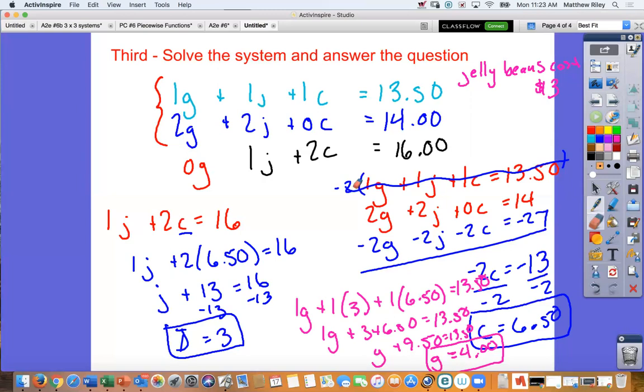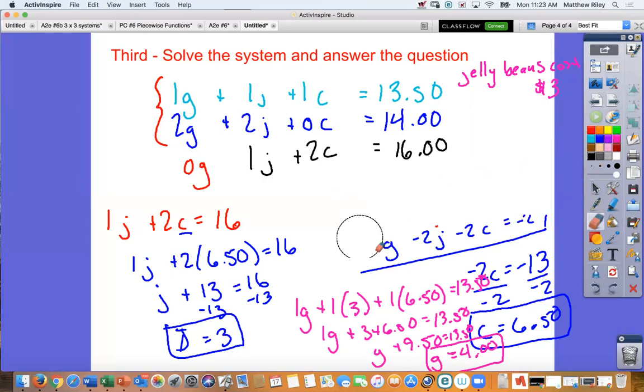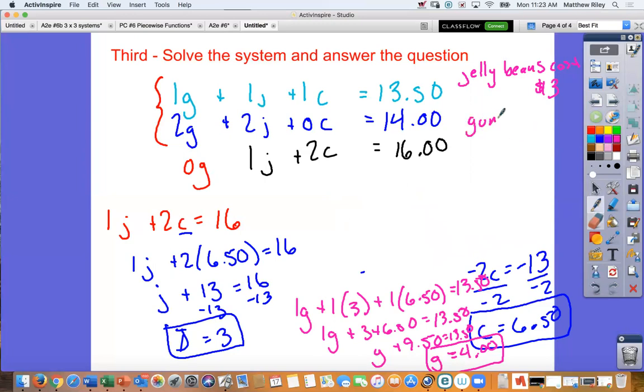Gummy bears cost $4, and again, that's a price per pound. And chocolate peanuts, which are personally my favorite, cost $6.50 per pound. That's what I mean by answer the question.